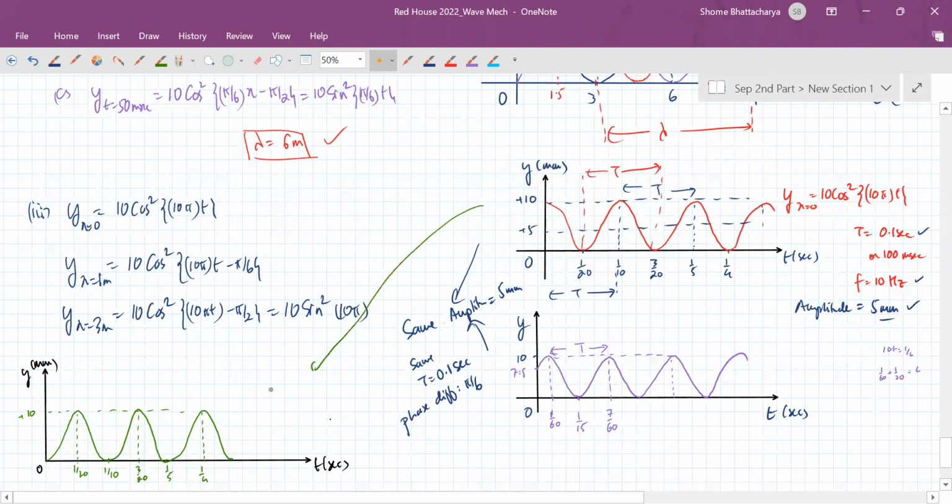So this one and this one have a phase difference of pi/2. This also has the same amplitude and same time period.